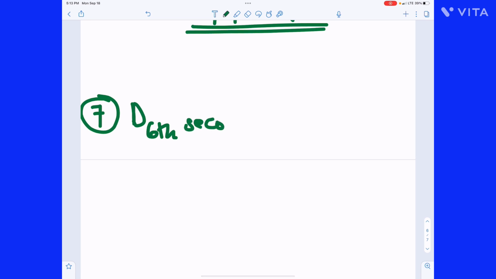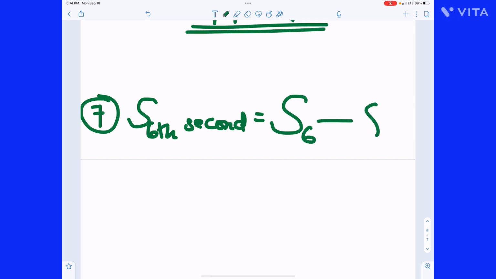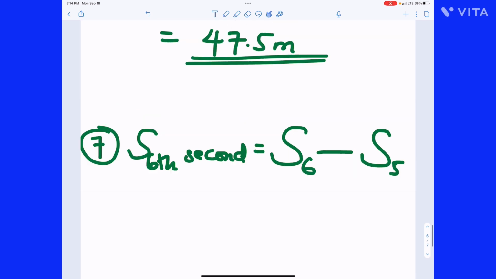Distance traveled in the 6th second will be, let me change the distance to the SI symbol of distance. Now, distance traveled in the 6th second will be equal to distance traveled for 6 seconds minus distance traveled for 5 seconds. Are you getting what I'm saying? Just like we did there.